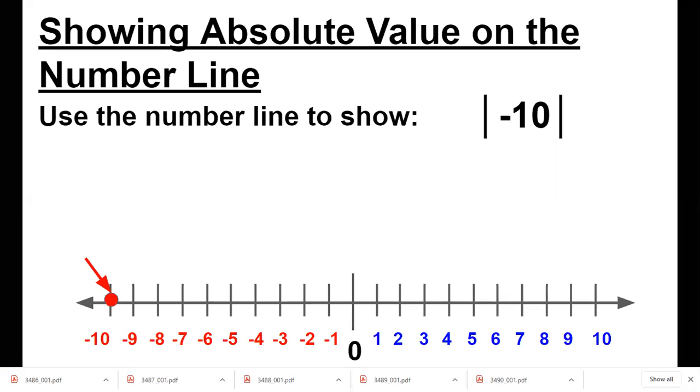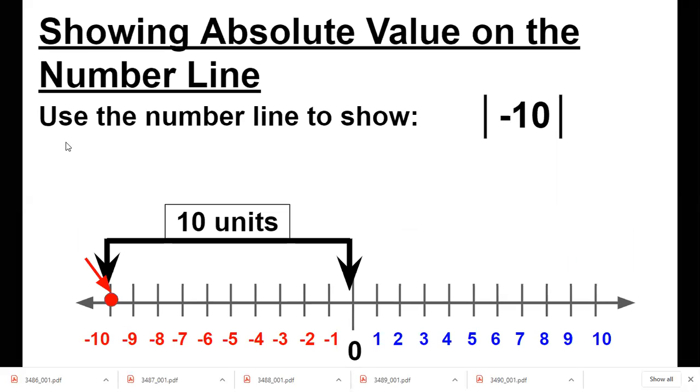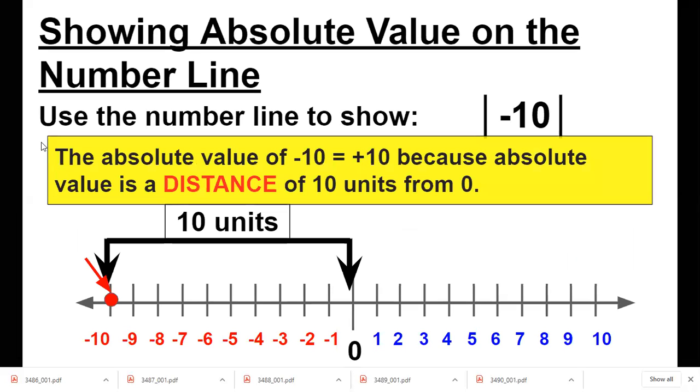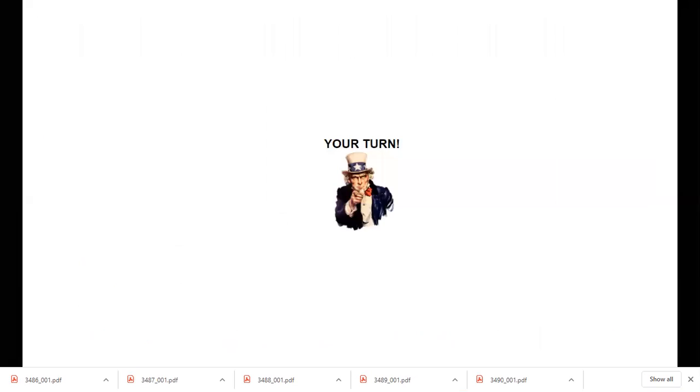So you would show the distance to 0, 10 units. There you go. The absolute value of negative 10 is positive 10 because absolute value is a distance of 10 units from 0. I'm going to keep using that word distance and keep reminding you, because it's so important to understand that concept. You'll probably get sick of hearing it, but that's okay, it'll stick.